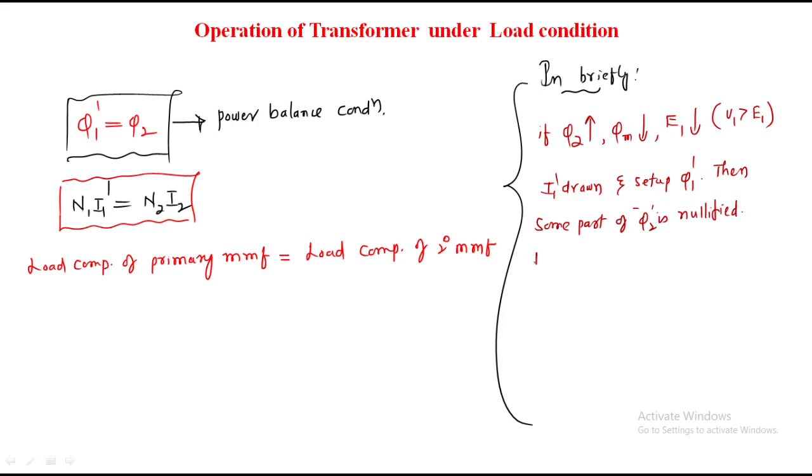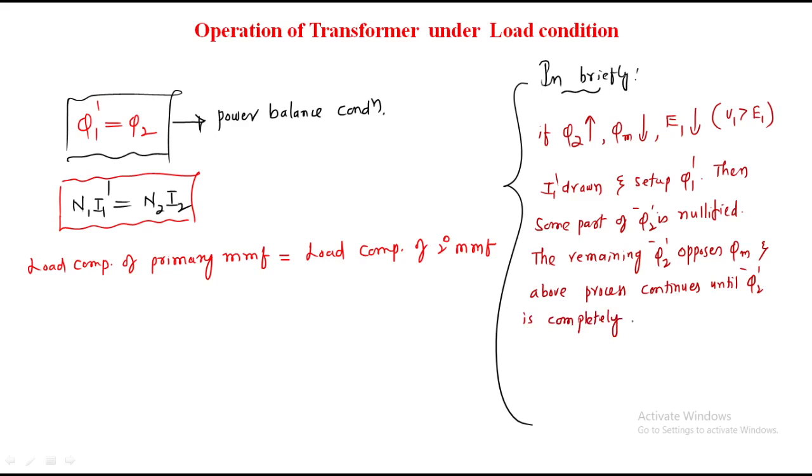The remaining phi 2 opposes phi m, and the above process continues until phi 2 is completely nullified by phi 1 dash.